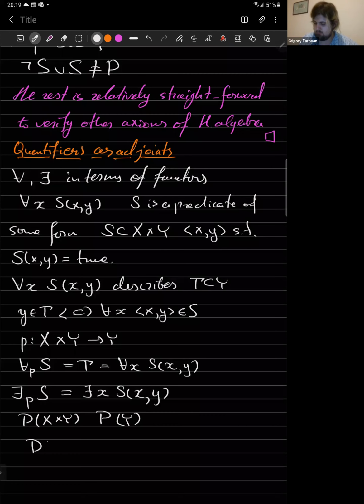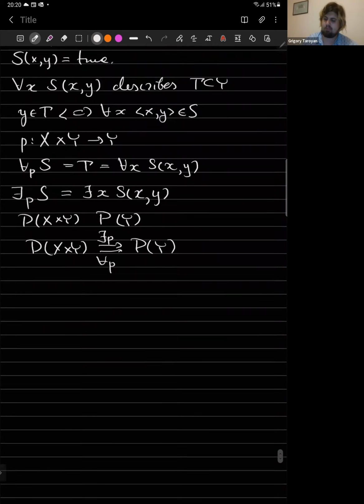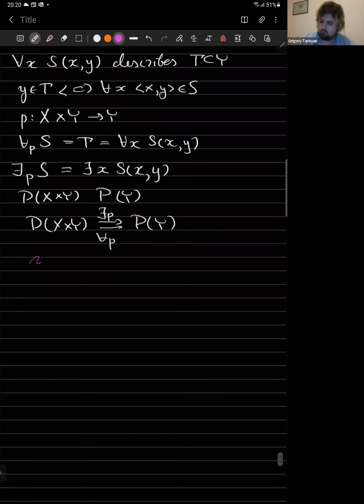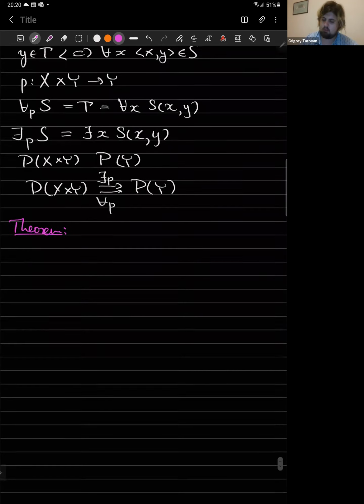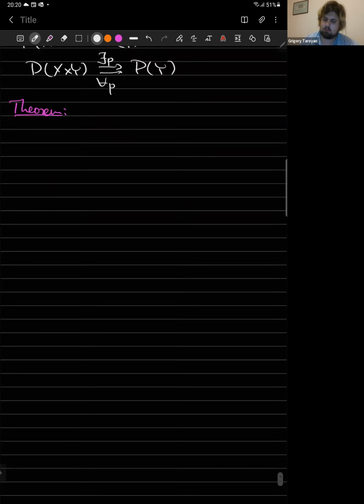And we get a pair of functors from P(X times Y) to P(Y), which are just for all P and there exists P. So let me state the theorem.